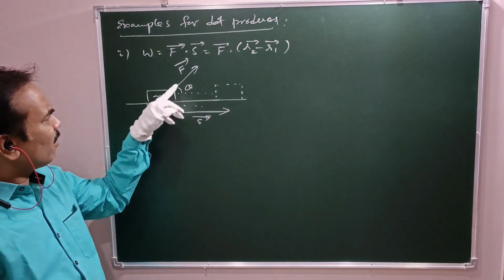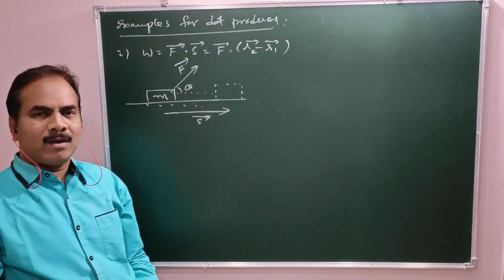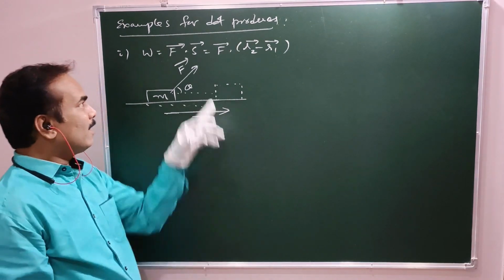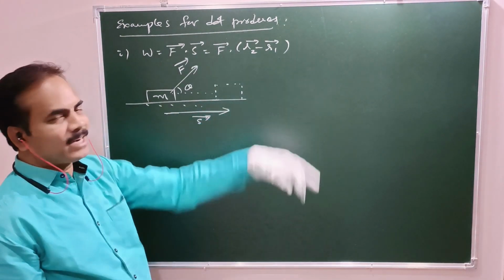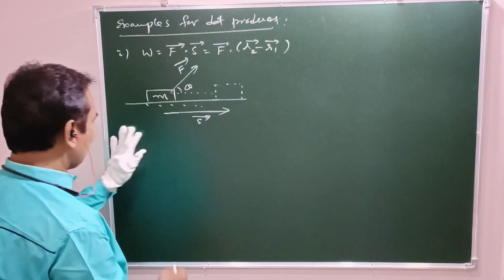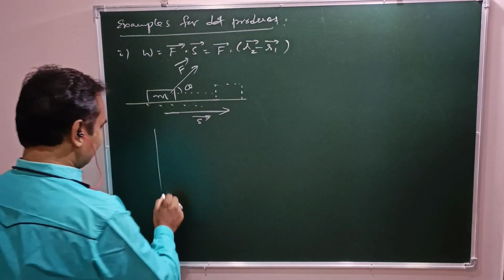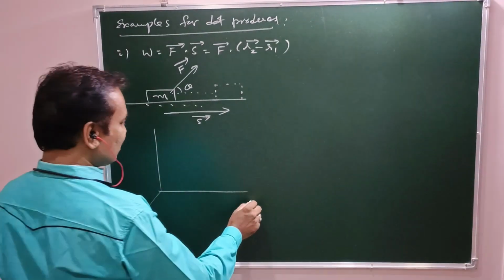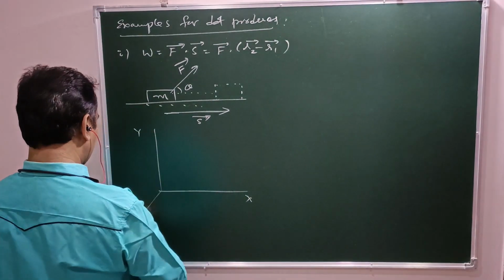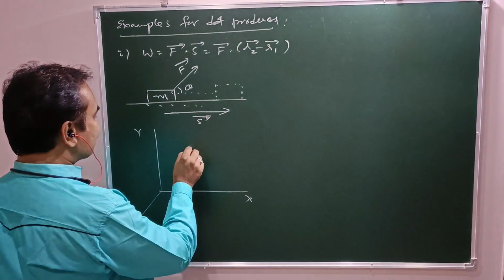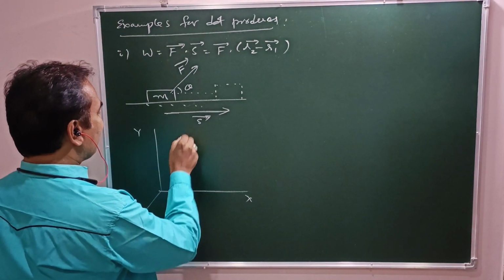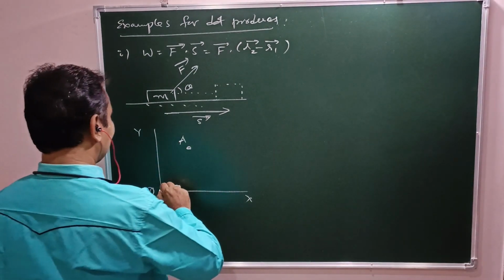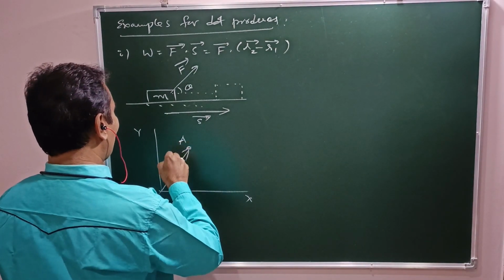If that particle or body moves in three-dimensional space, then S bar can be written as final position vector minus initial position vector. As an example, take the XYZ coordinate axes, X, Y, Z. Initially the particle is somewhere here at A with position vector R1 bar with respect to origin, the initial position vector R1 bar.